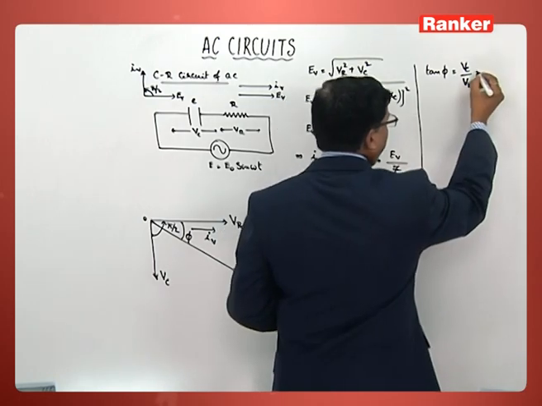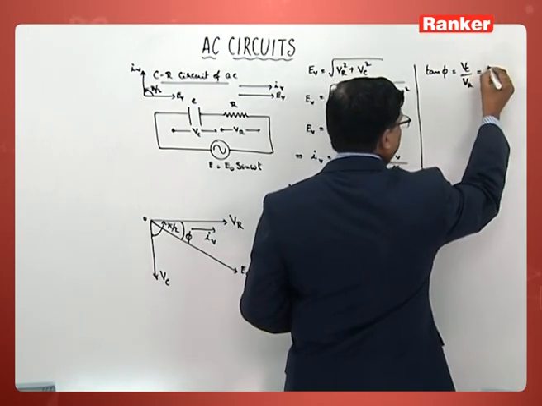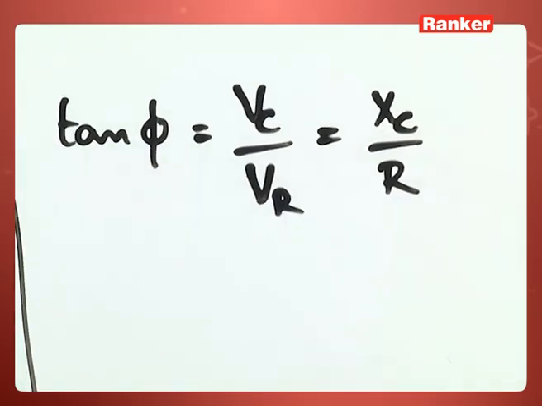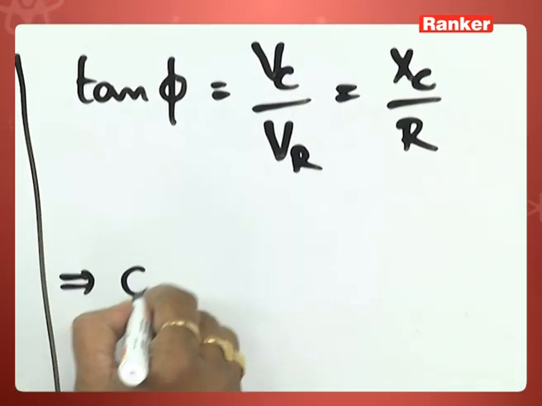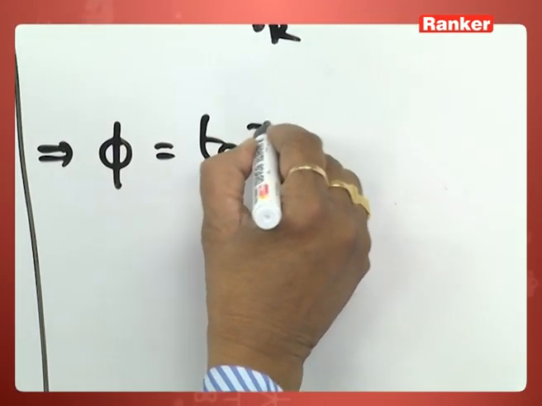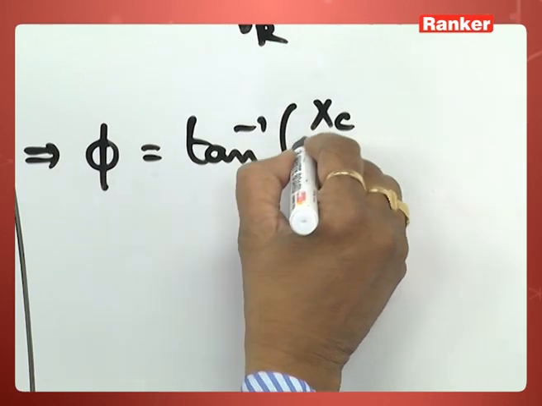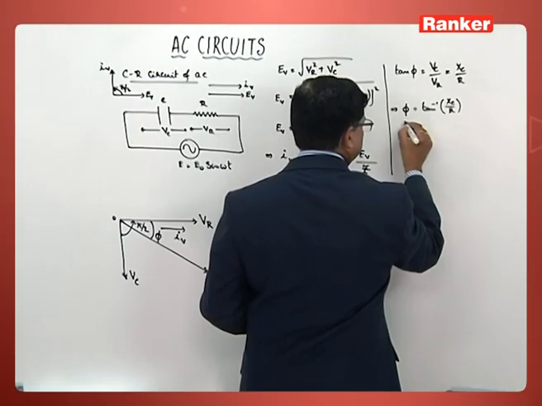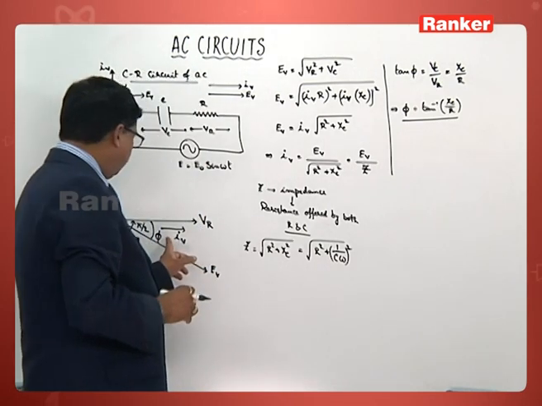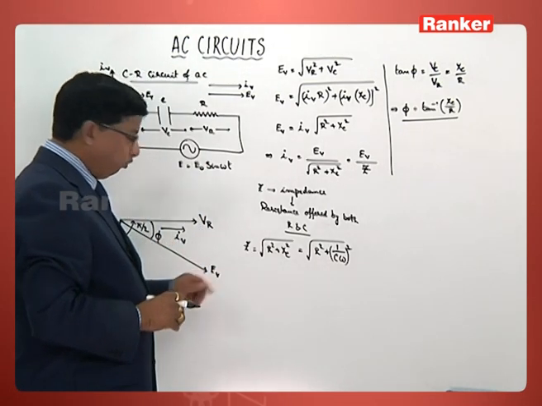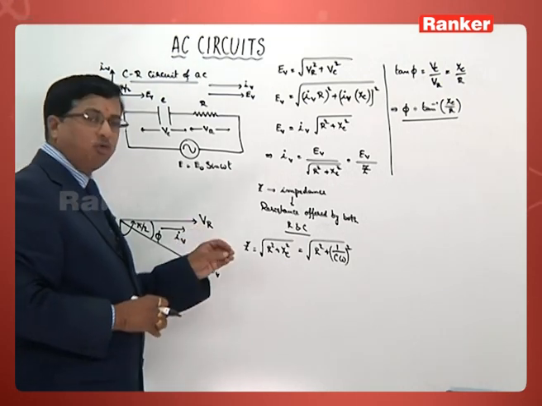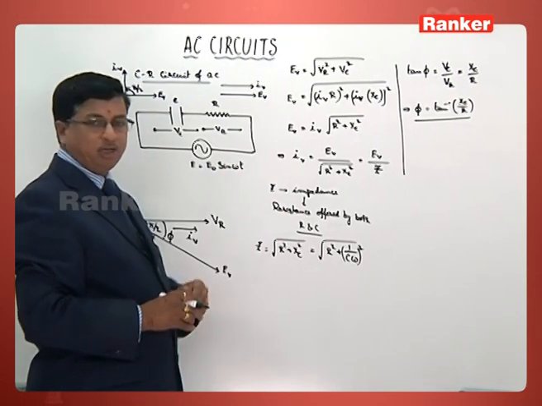You can even rewrite the same equation this way: XC by R. Then what would be the value of phi here? This phi is going to be tan inverse XC by R. This is the formula by means of which we can identify the angle of EV with respect to VR.